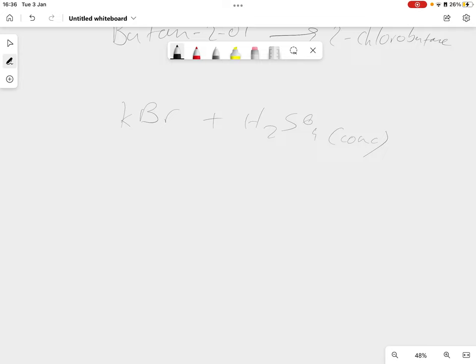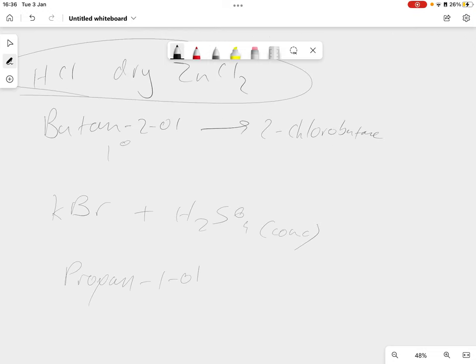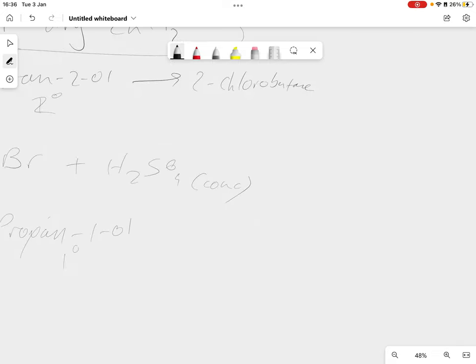So another example of this would be propan-1-ol, which would be a primary alcohol. Oh yeah, sorry, the butan-2-ol is a secondary alcohol, and this is a primary alcohol. And this is going to form our 1-bromopropane. So that's the production of halogenoalkanes from alcohols.